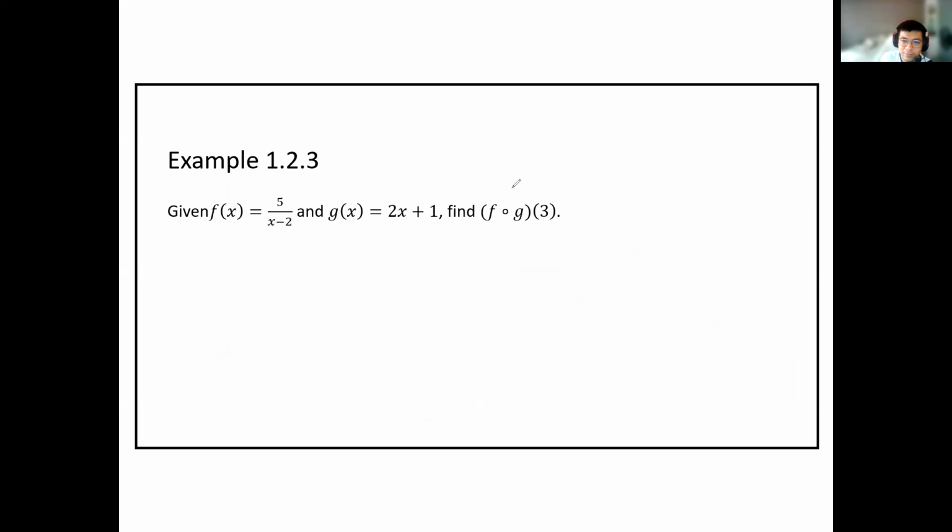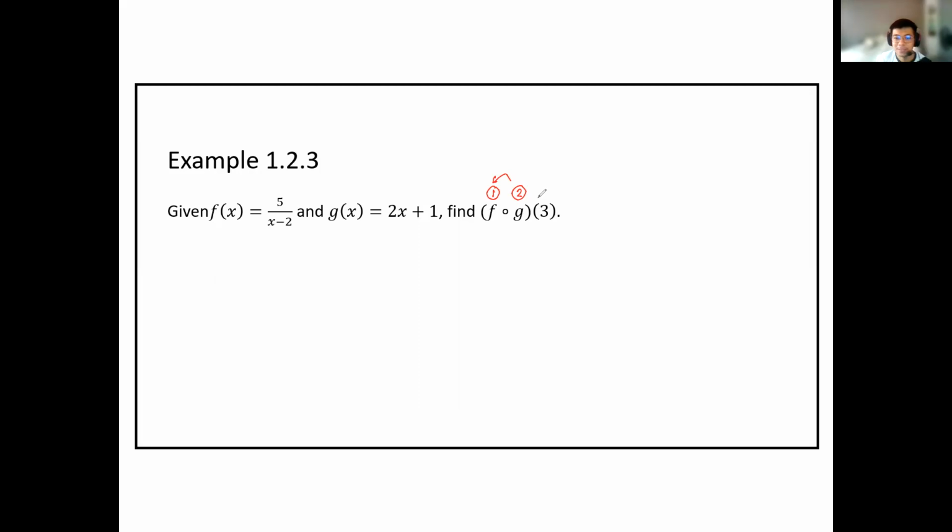First, we have to find f of g, and then we're going to plug in a value of 3 later on. This one is the first equation, f of g, meaning this is the original equation. The second equation will be the one that we're going to input in the first equation. And then after plugging it in, we're going to apply the value of 3.